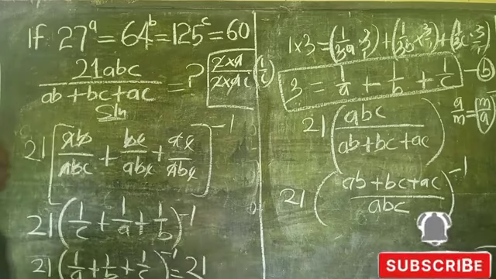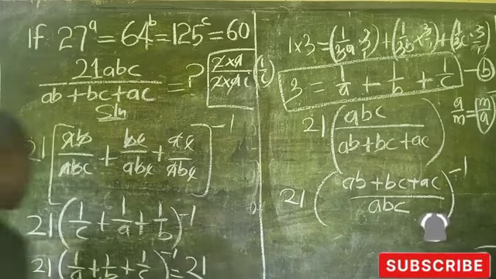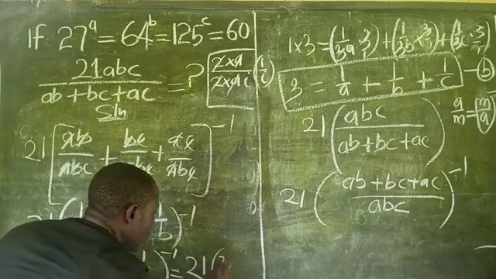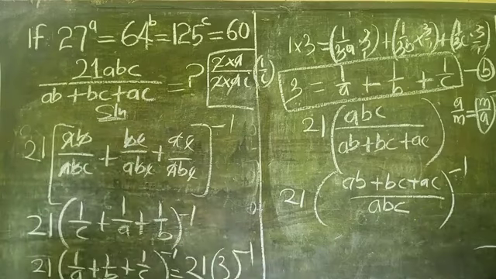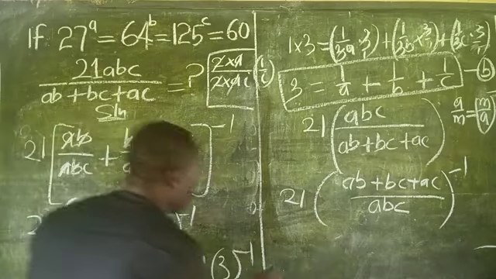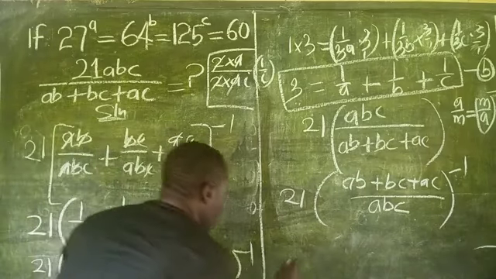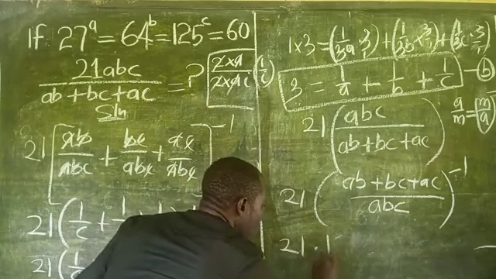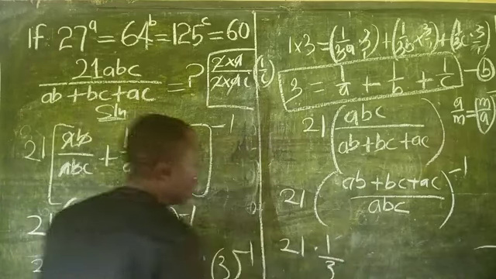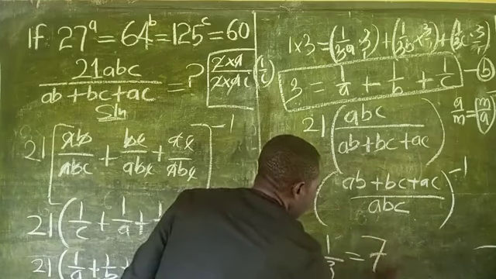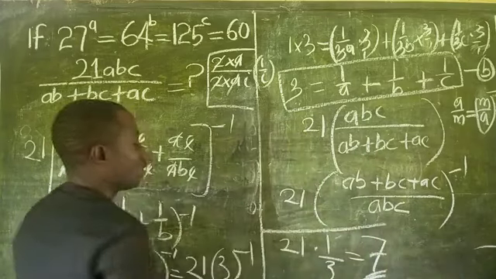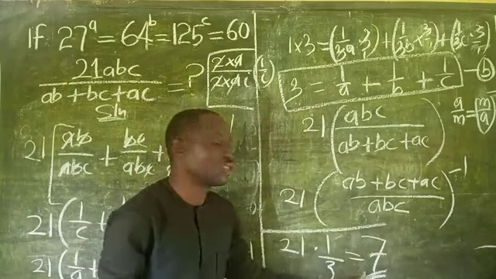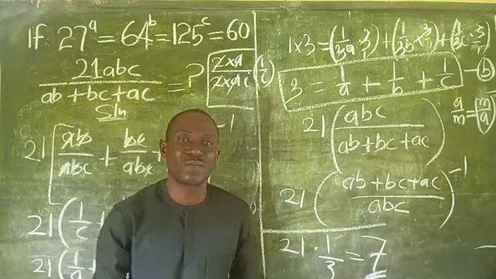Don't forget this raised to power minus 1. Yeah. It becomes 21 into 3 raised to power minus 1. And 21 into 3 raised to power minus 1 is the same thing as 21 times 1 over 3, which is equal to 7. 21 divided by 3 is equal to 7. And this is our final answer.